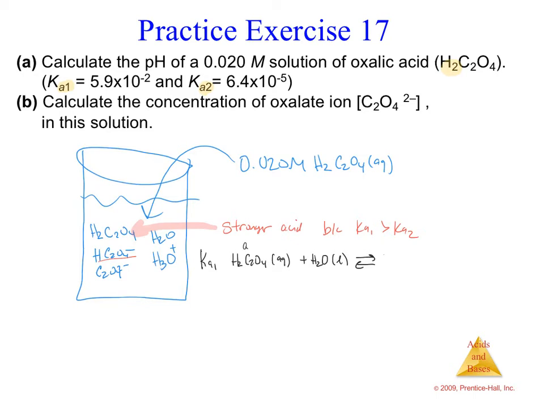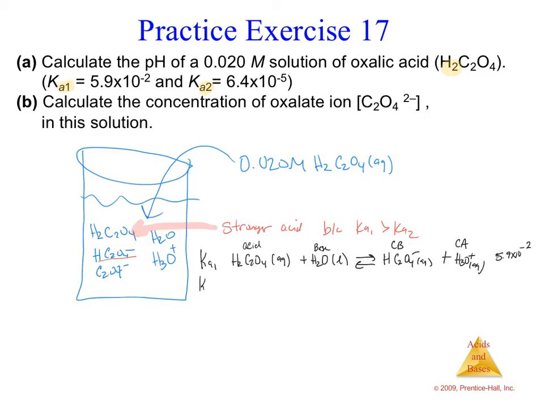My acid reacts with the base. Acid is a proton donor, so I form HC2O4 minus aqueous. My base accepts the proton, so I make H3O plus aqueous, the conjugate base and the conjugate acid. And I'm given the numerical value Ka1, 5.9 times 10 to the negative 2.